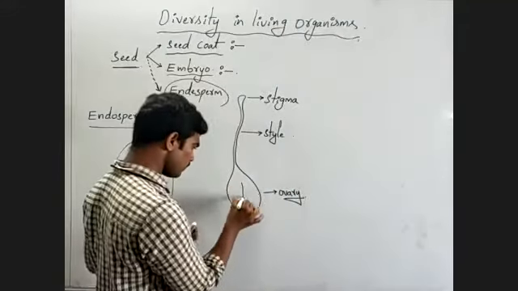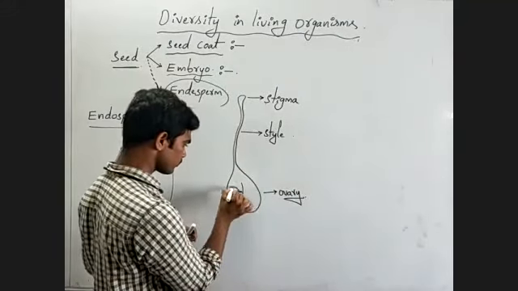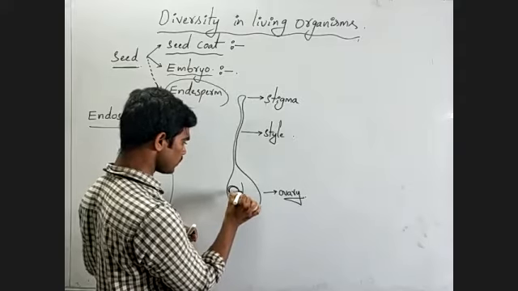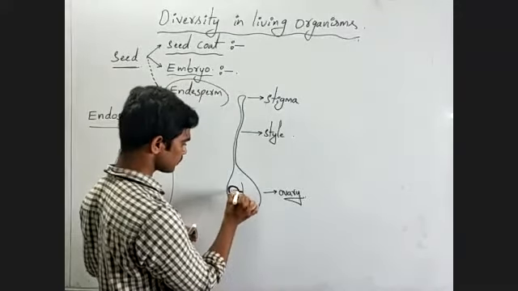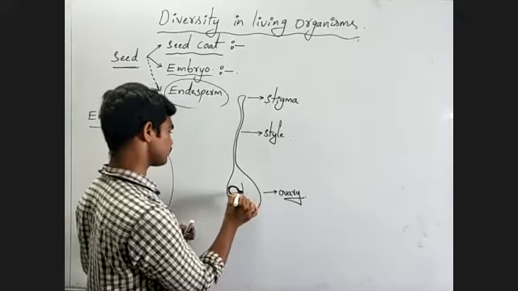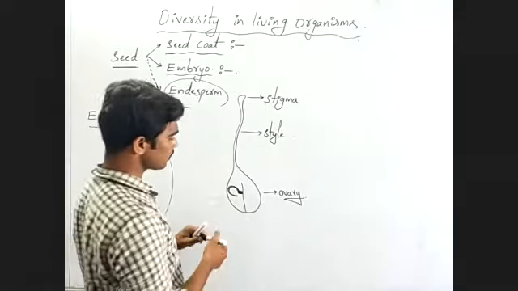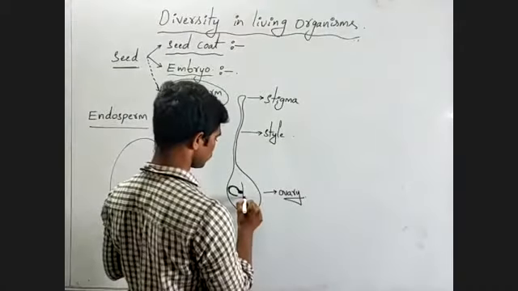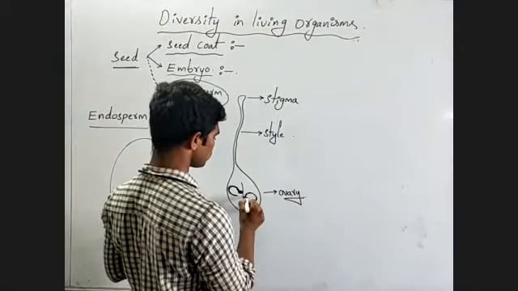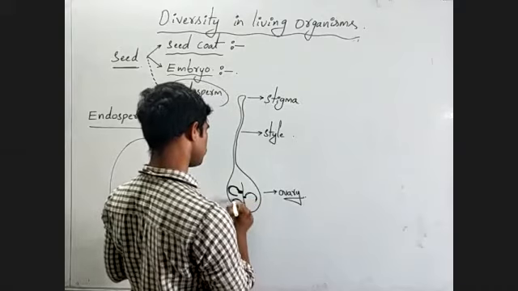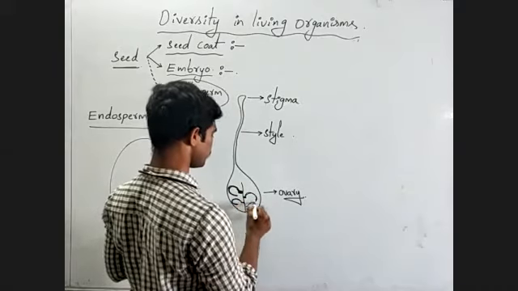Inside of the ovary, actually ovules are present like this. The number of ovules is dependent on the species.